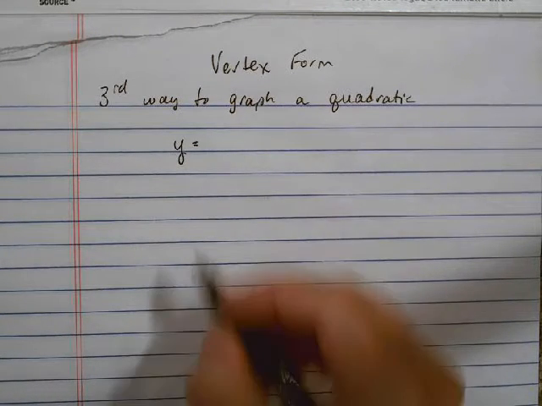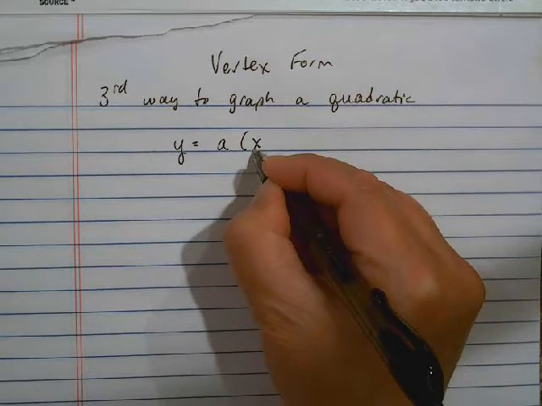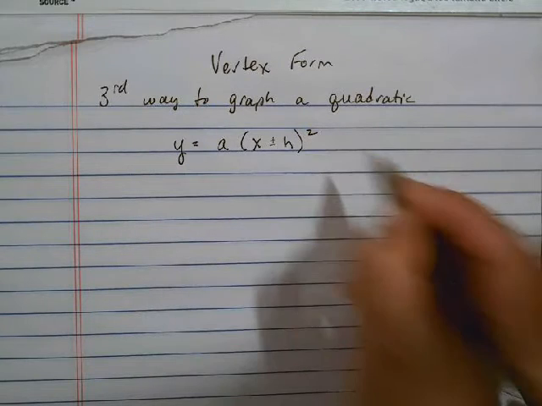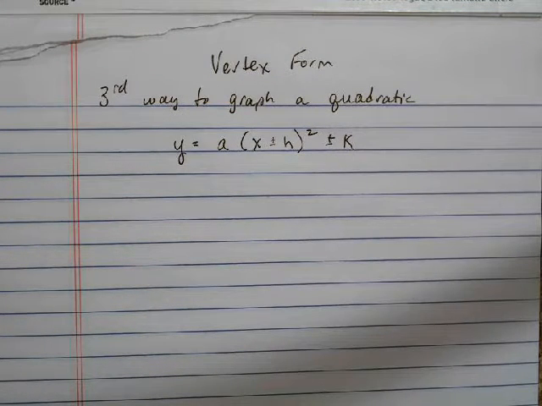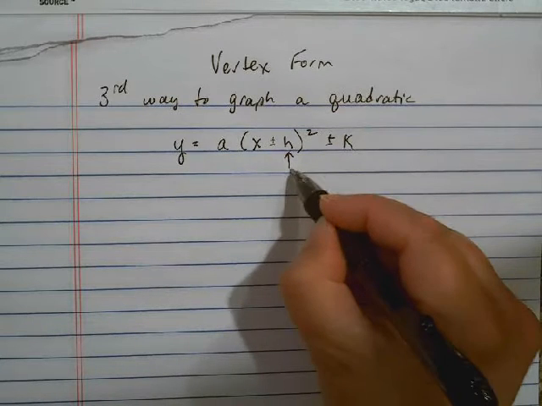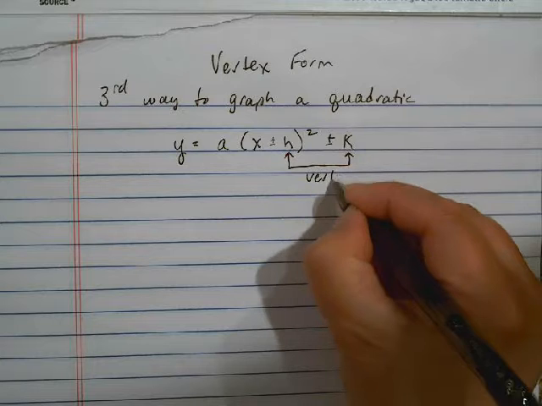Y equals some number times x plus or minus a number squared plus or minus another number. So the number inside the parenthesis with the h and the number out here, these are going to tell us our vertex.